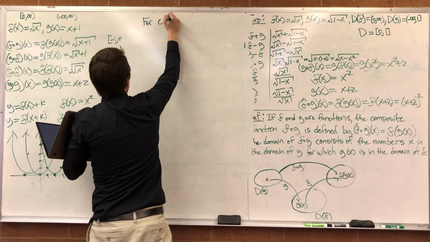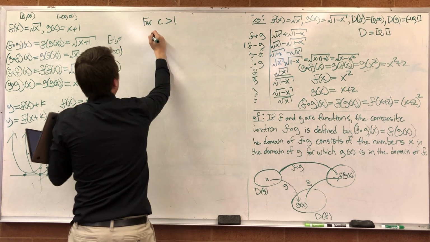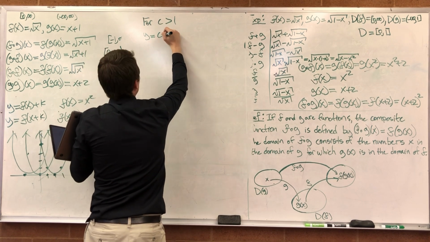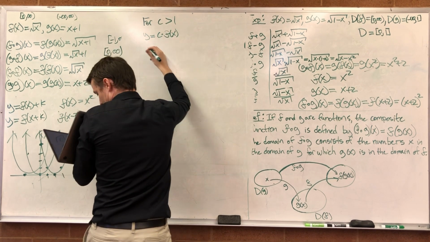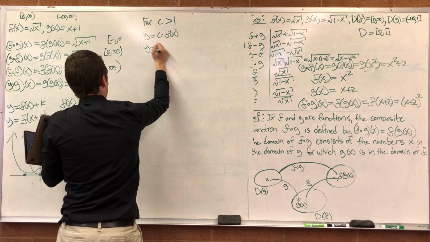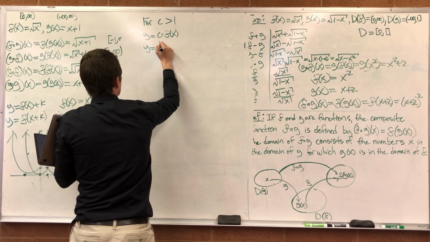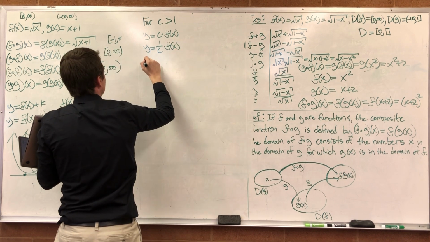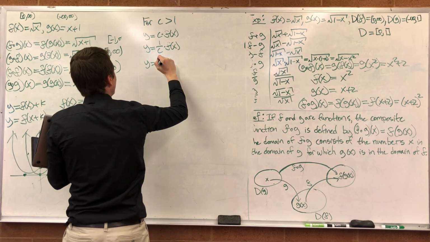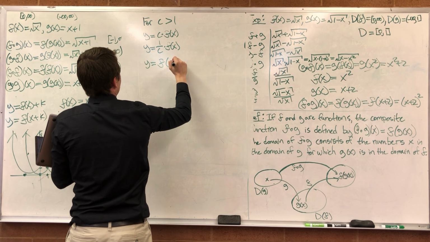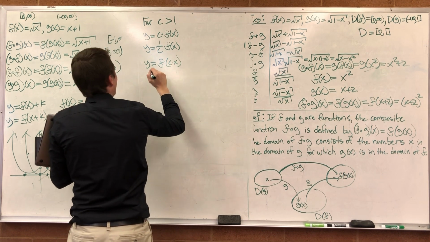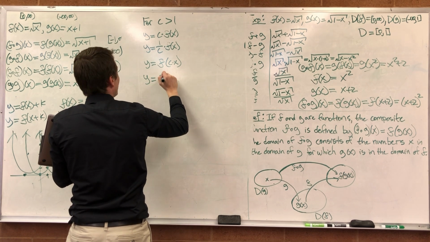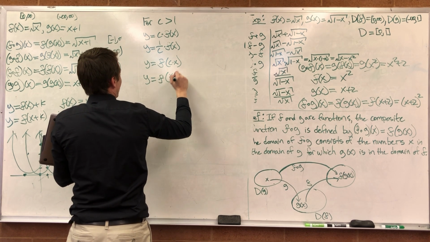For c greater than 1, if we make our function y equals c times f of x, we'll see what that does. Y equals 1 over c times f of x. Y equals f of c of x. Y equals f of x divided by c.